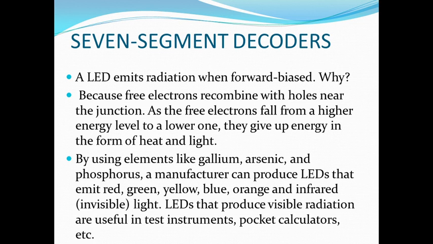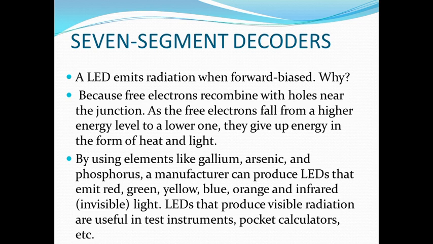So in LEDs, what happens actually? Near the junction, that means at the depletion region, when the electrons recombine with the holes, they come from higher energy levels to lower energy levels and give up energy.